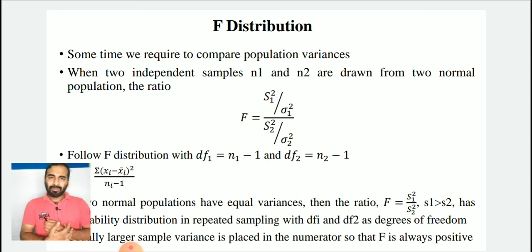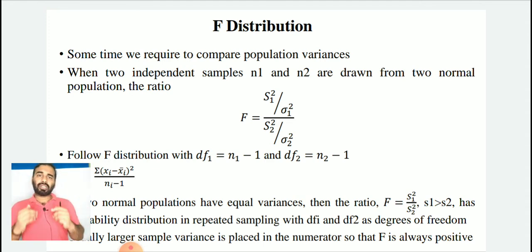Assume that there are two different samples that are independent, n1 and n2, which are drawn from the same population. From the same population we have independently drawn two samples, n1 and n2.